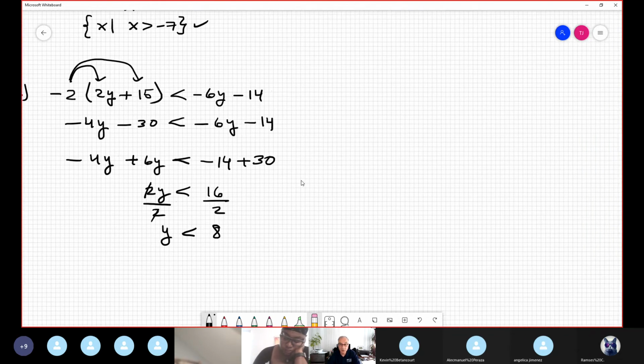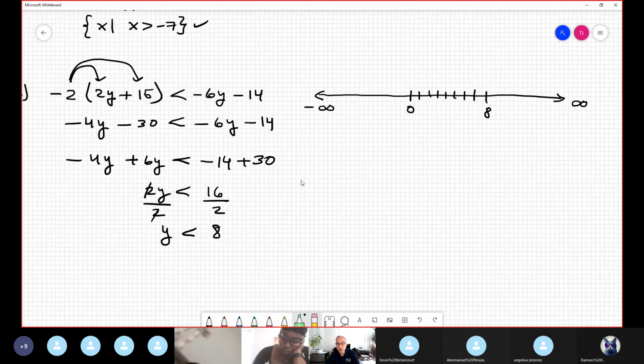Okay, ready to represent the solution. One, two, three, four, five, 6, 7, 8. So less than is to the left, no? It's the bunch of numbers, the interval to the left, less than, and it continues forever in that direction.